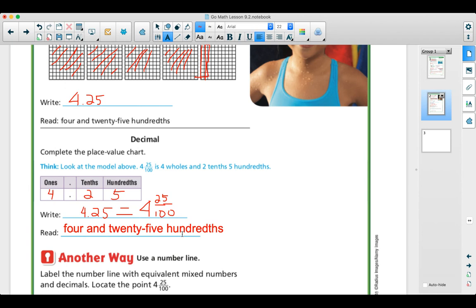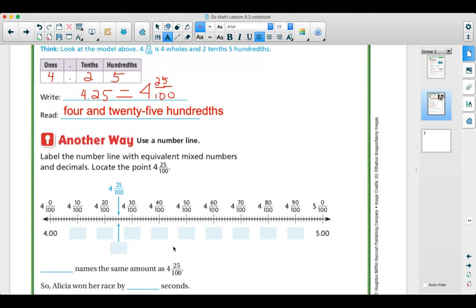It's less than 1. 4 is 4 wholes and 25/100ths. Another way is to use the number line. Label the number line with equivalent mixed numbers and decimals. Locate the point 4 and 25/100ths.